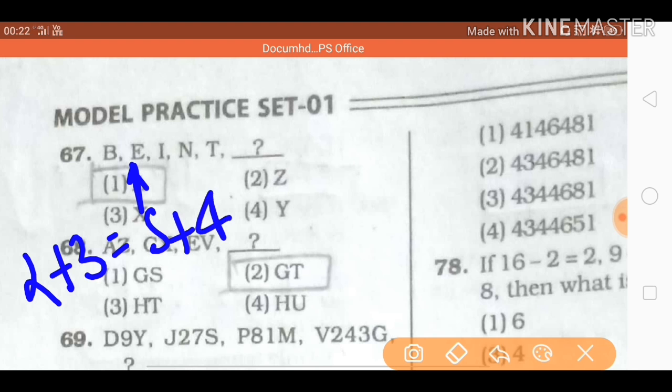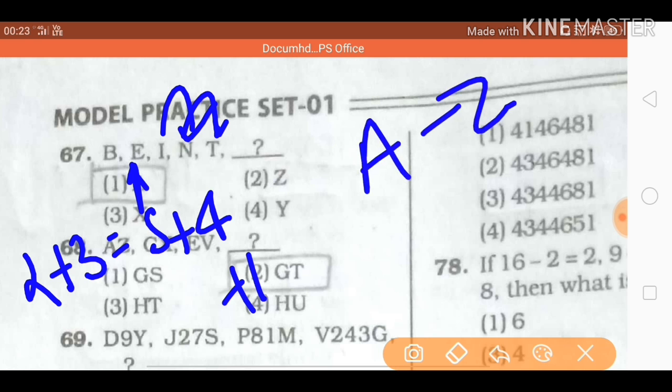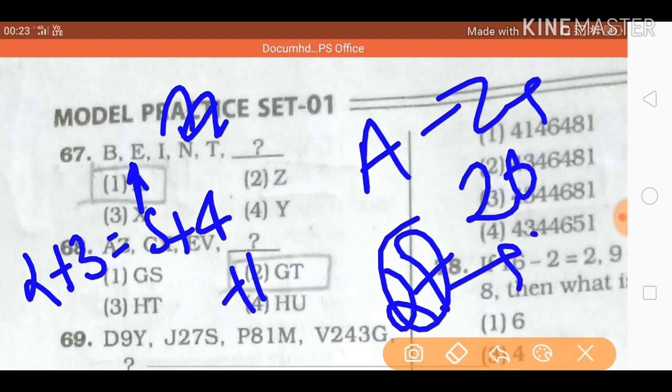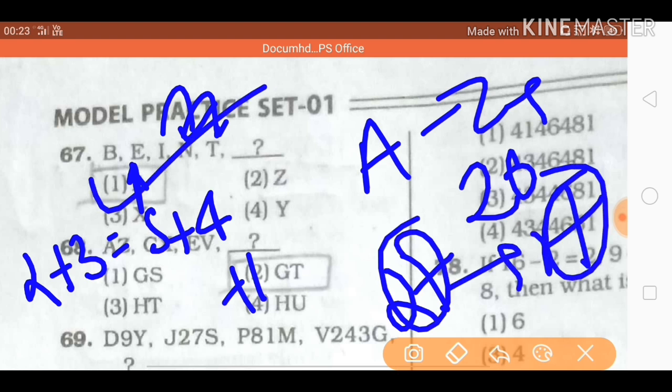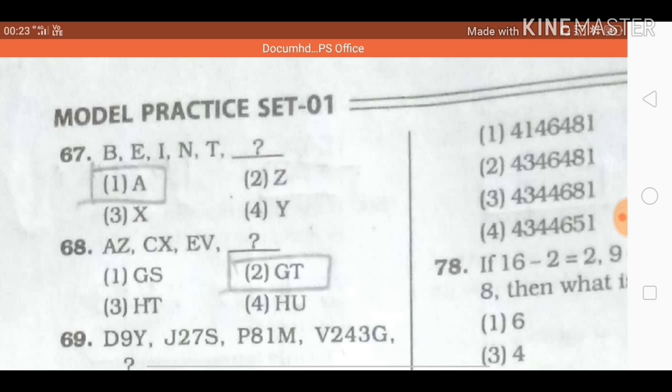Add 4, it becomes 9. 9 plus what? 9 plus 5 is 14, meaning plus 1 keeps getting added, right? Now 14 plus 6 is 20, and 20 plus 7 we have 8 to Z, that is 26. The next number, 27th, will come as A, right? So A is your right answer.